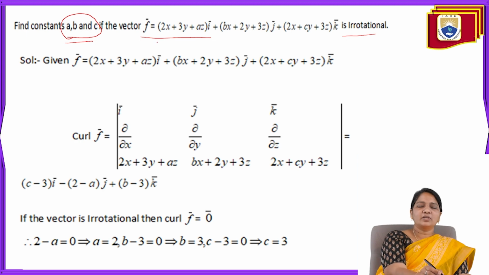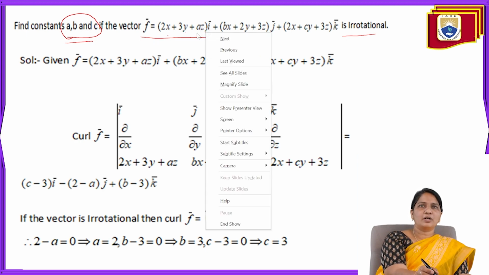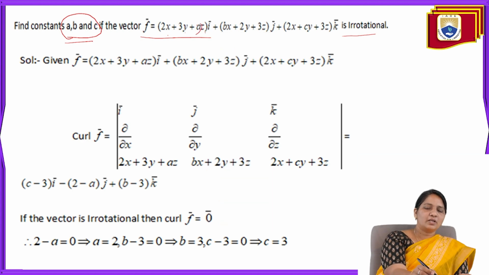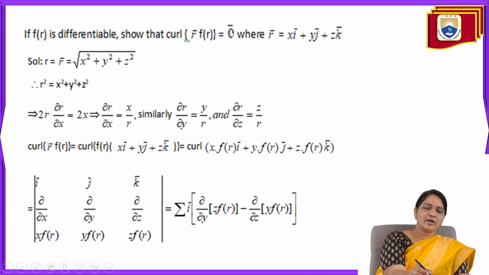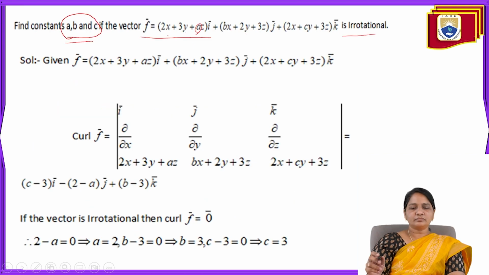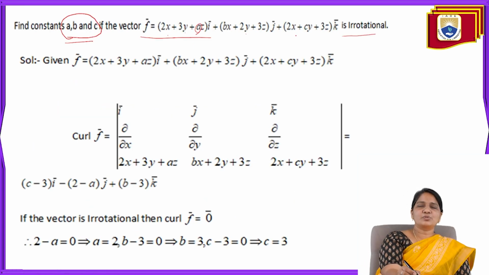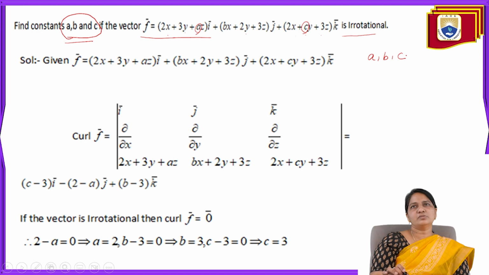In the i component there is an unknown a, in the j component we have to find b, and in the k component we have to find the c value. That means we have to find the values of a, b, c.